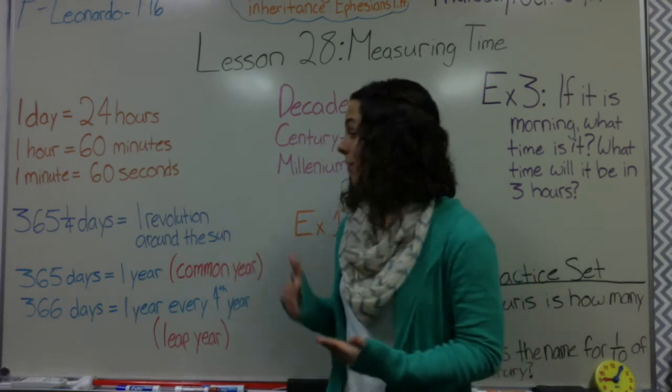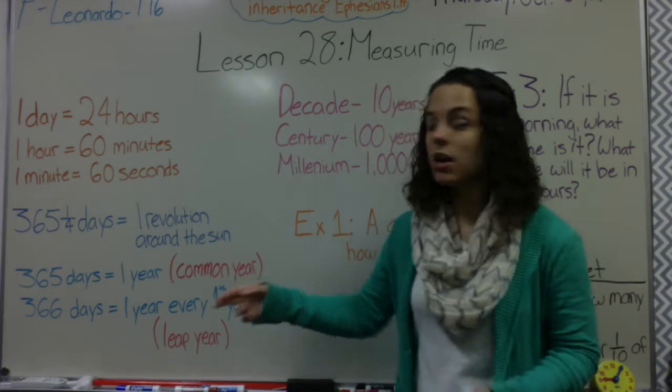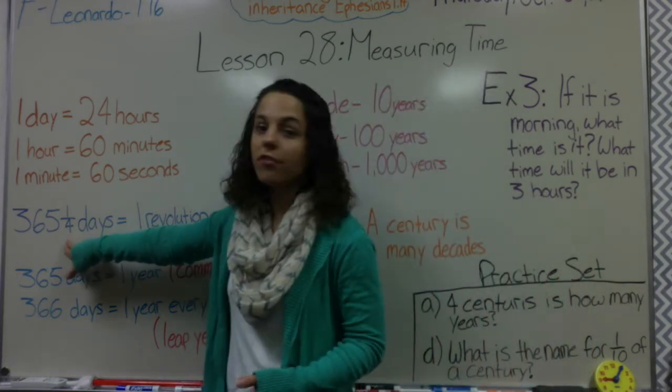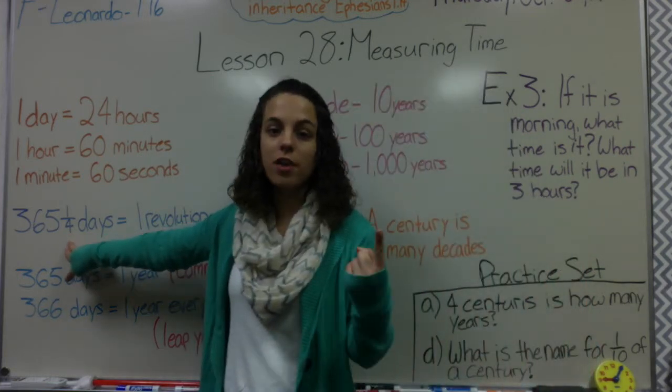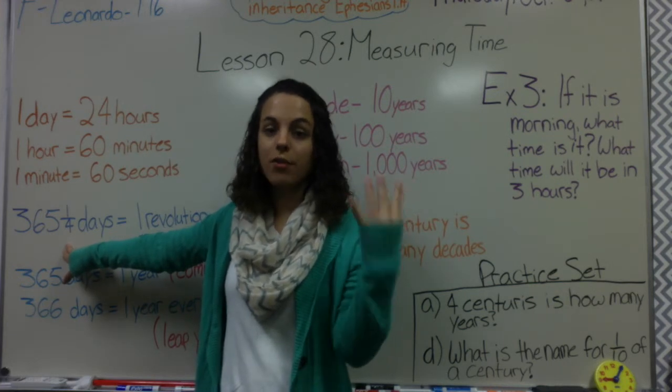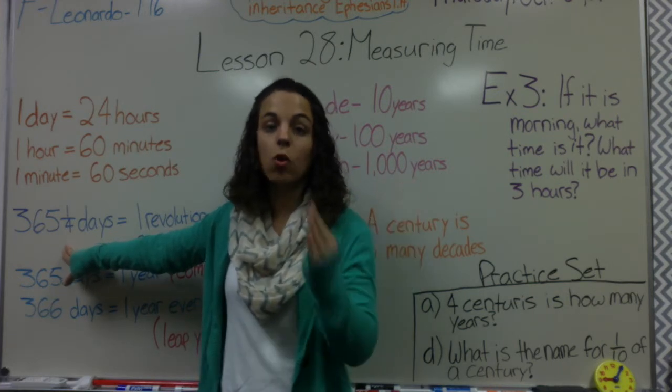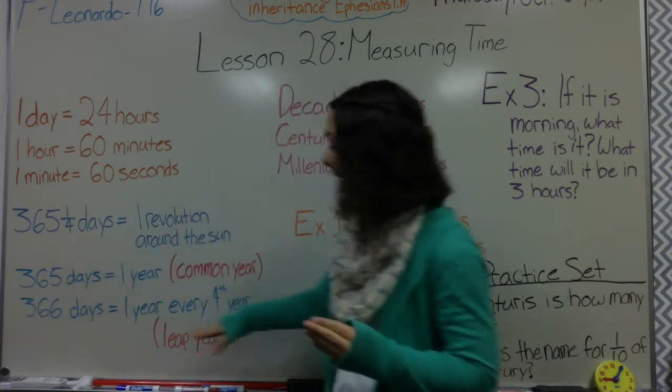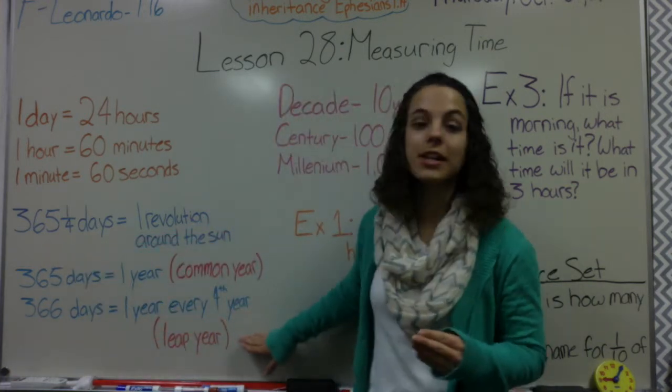So it would throw us off unless we added an extra day every 4 years. So if we had 1/4 plus another 4th plus another 4th plus another 4th, within 4 years, we add an extra whole day to our calendar, which is why we have what's called a leap year.